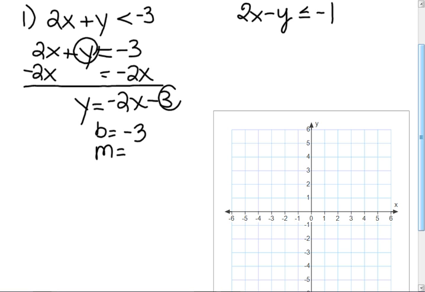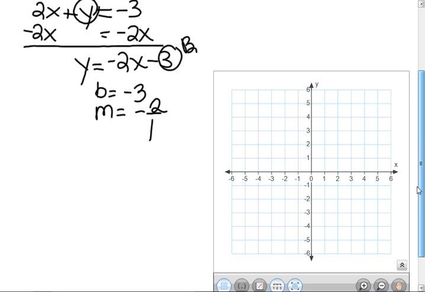This is where you begin. Okay, Jake, what's the slope? What's the slope? What's m? -2/1. Okay, now let's get the boundary plotted.